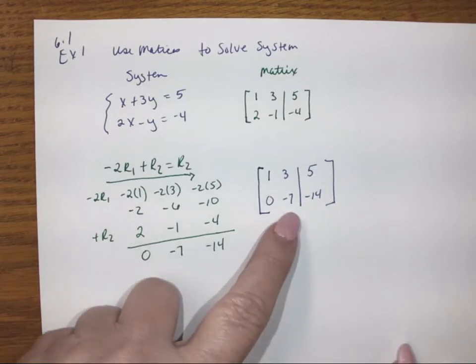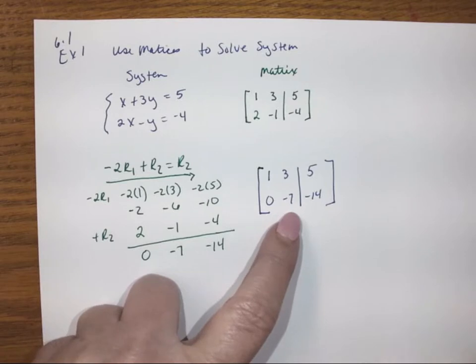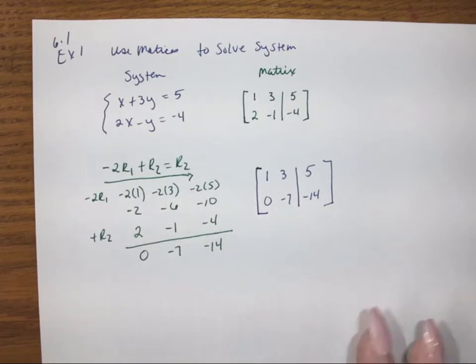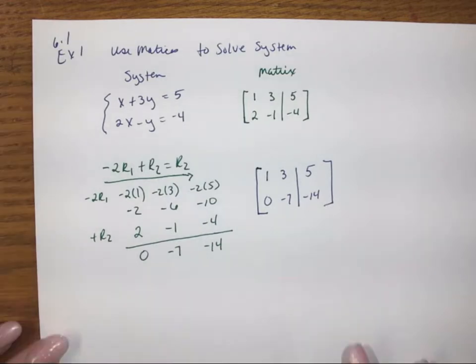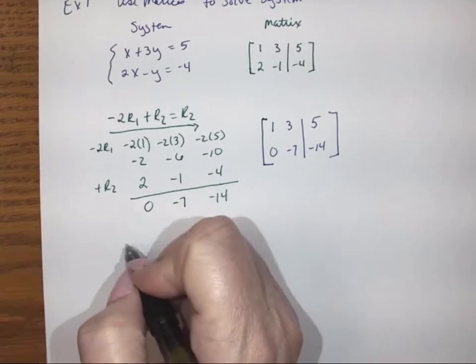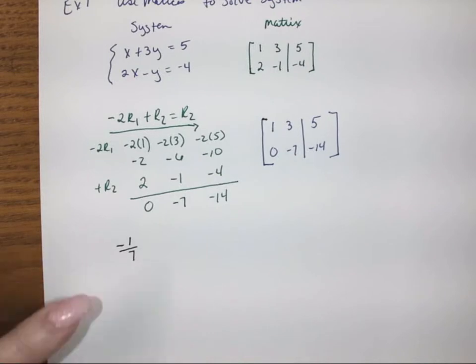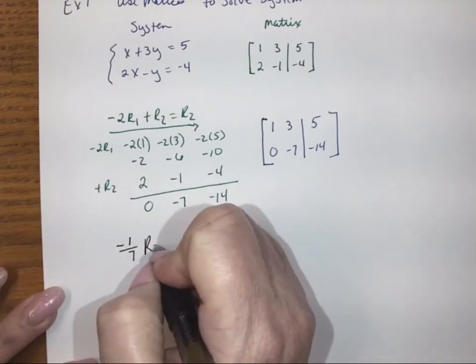Basically, if we divided by negative 7, we could get to 1, but we don't divide, we multiply. So instead of looking at it as division, look at it as multiplication. So we can then do negative 1 over 7, that's like dividing by a negative 7, times row 2.